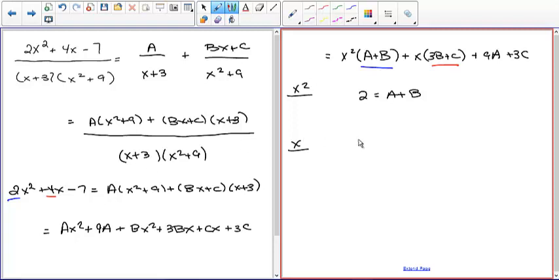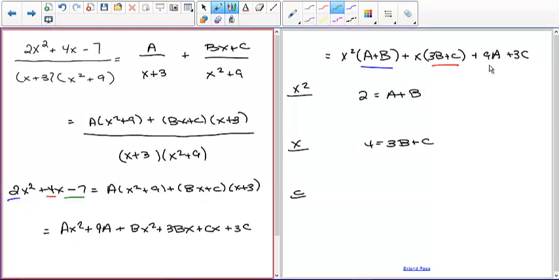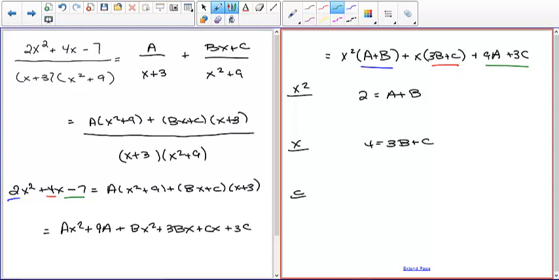So there we have 4 is equal to 3B plus C, and then the constants, which we'll do in green, that has to equal that. So we get negative 7 equals 9A plus 3C.